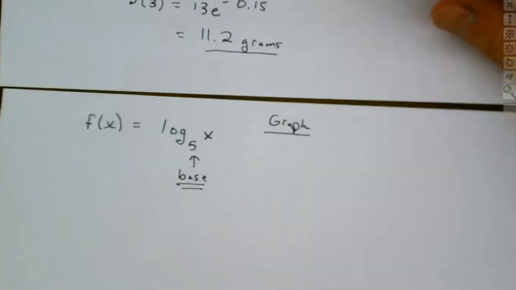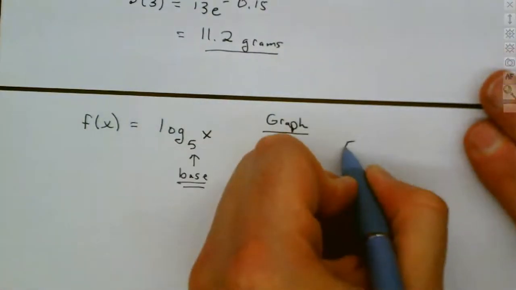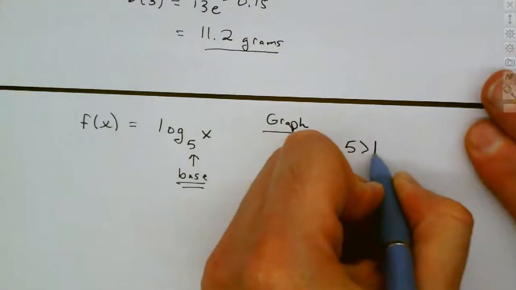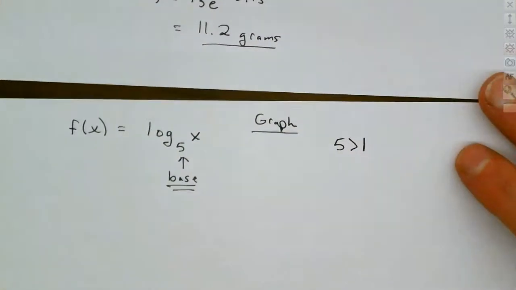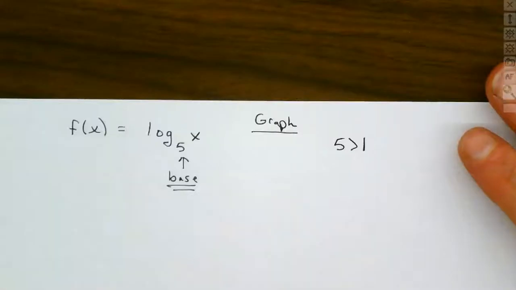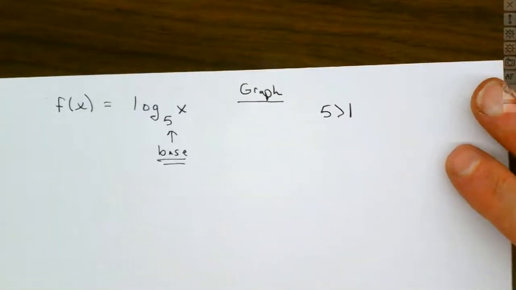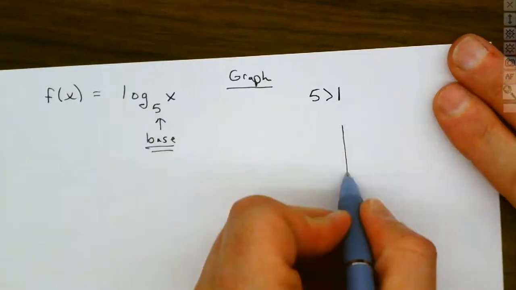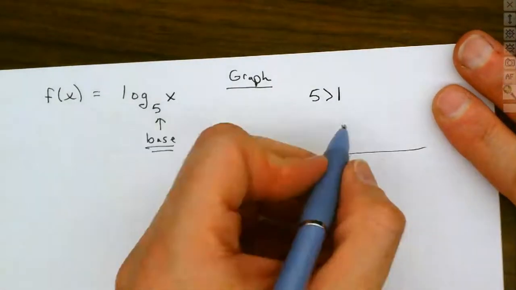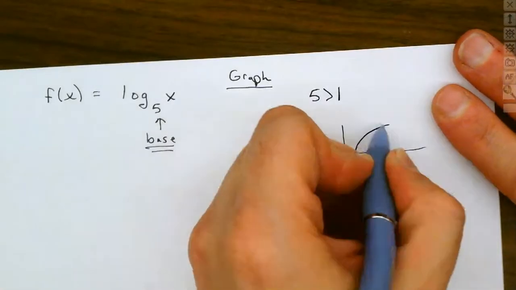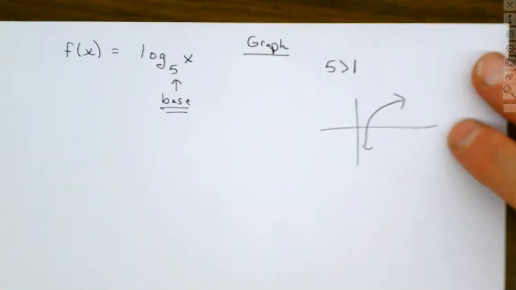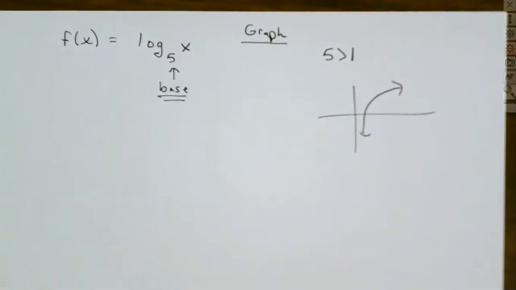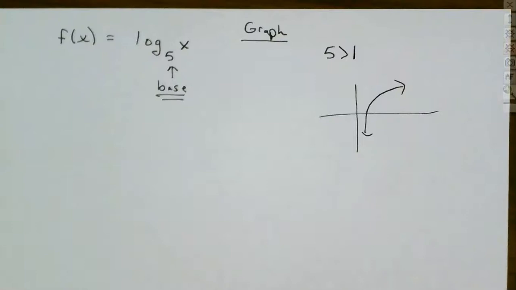So when we look at this, the 5. 5 is greater than 1. That's our base. Okay. What does the graph look like? So a quick sketch of that graph. 5 is greater than 1. It's going to look similar to this. Now, when we graph these exponentials, we had a horizontal dotted line, right?